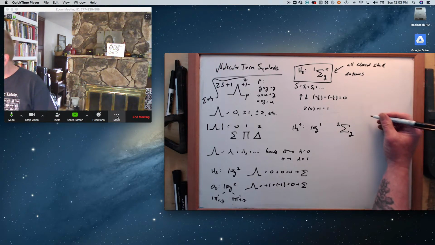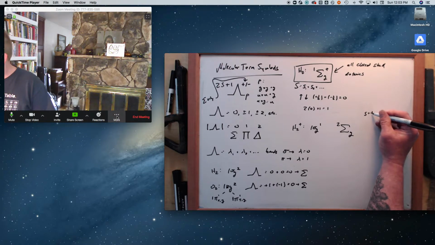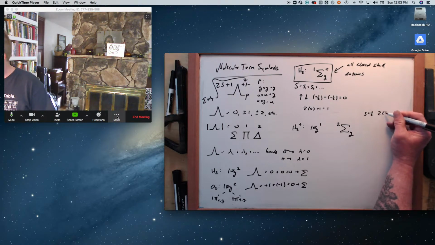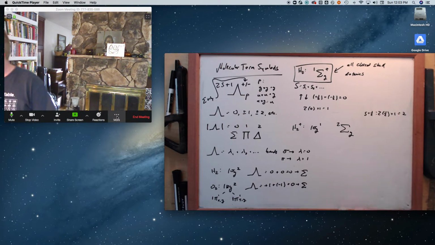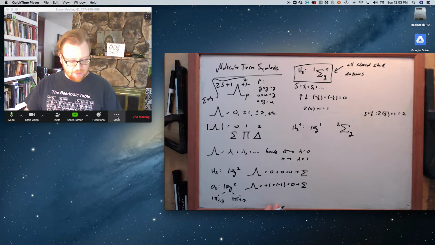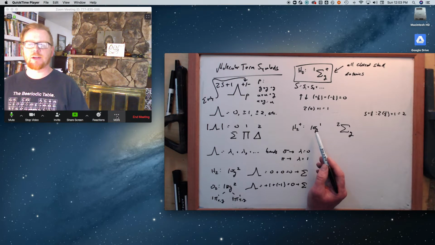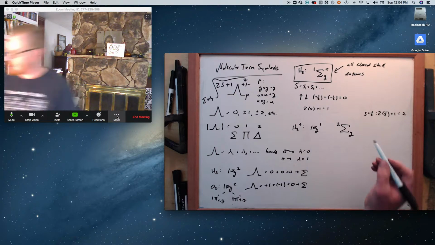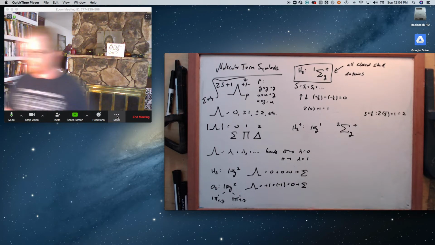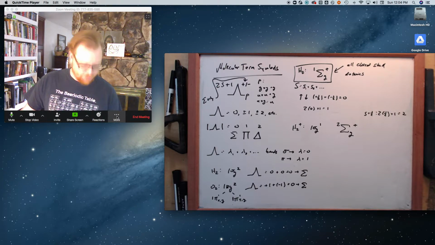But if you didn't recognize that, little s equals 1/2, so 2 times 1/2 plus 1 equals 2. And then finally, because there are no pi bonds or change of symmetry, it still has that plus state, doublet sigma plus.